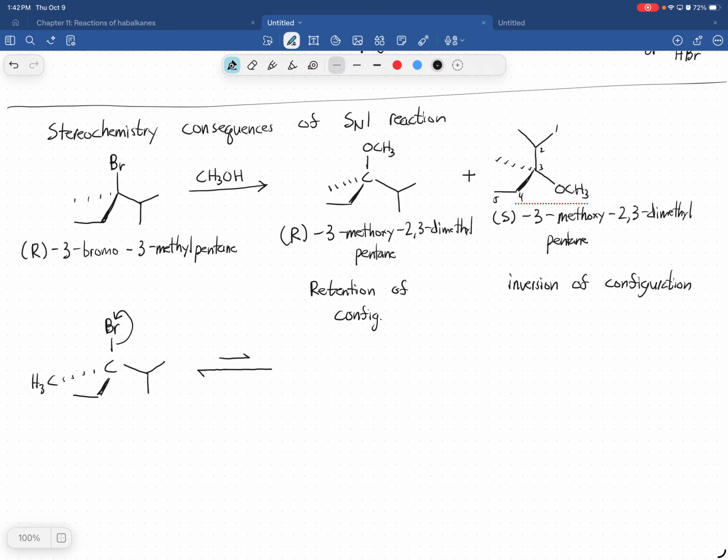That's the first step. The leaving group leaves. Then we get Br minus plus our carbocation. Here's the plus charge. Here's one group, then here's the other group, and then here's the methyl group going in the back.